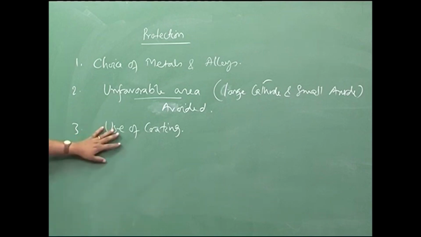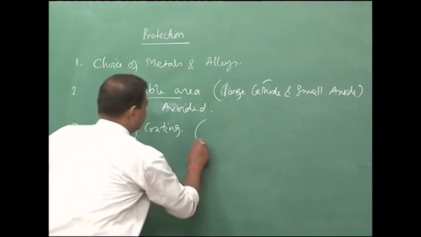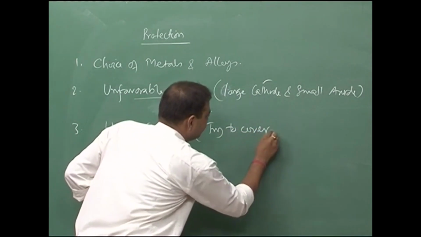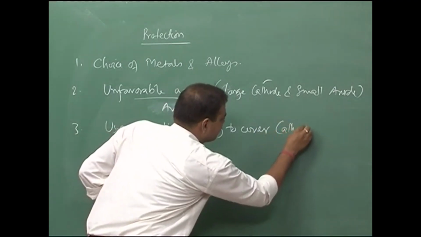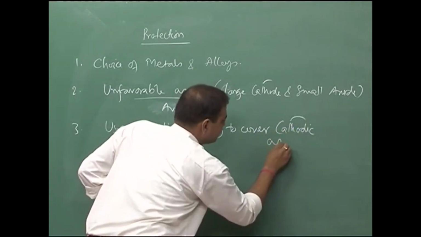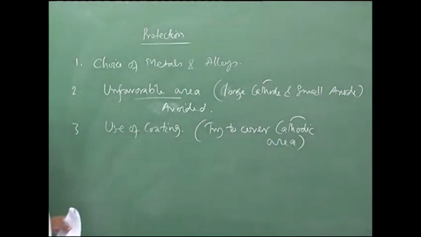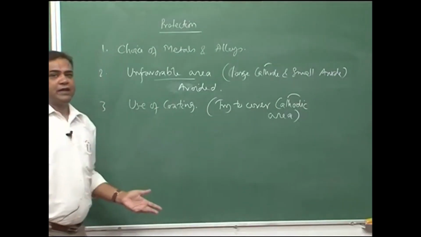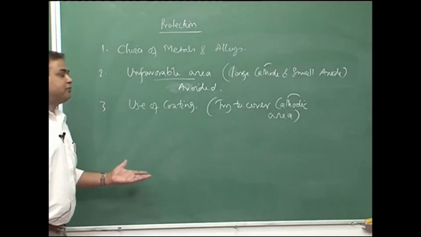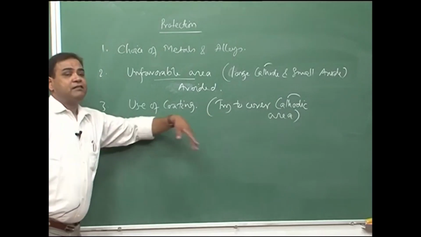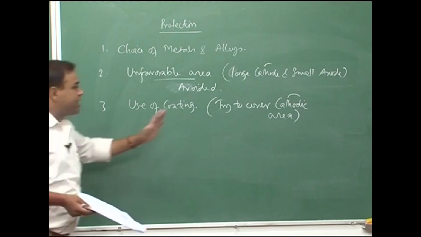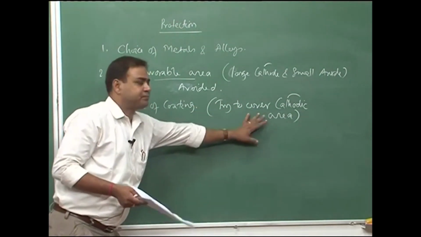So, always try to cover the cathodic area. You can even expose the anodic area if we can cover the cathodic area. If we do not have cathodic area, we do not have the cathodic reaction that could have happened on the cathodic surface.